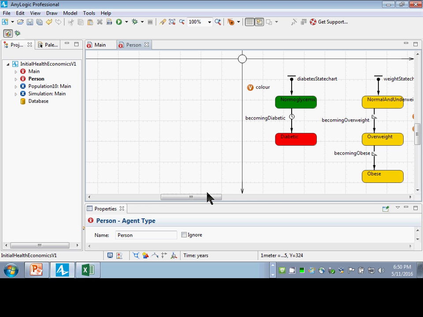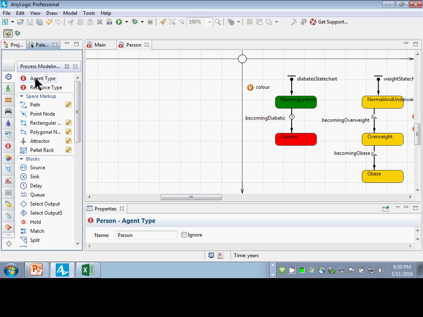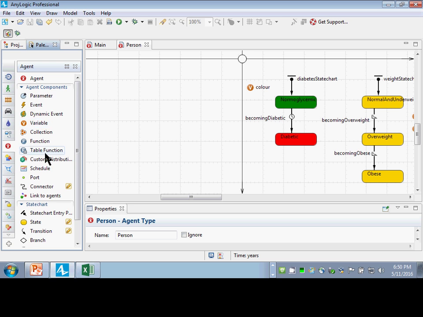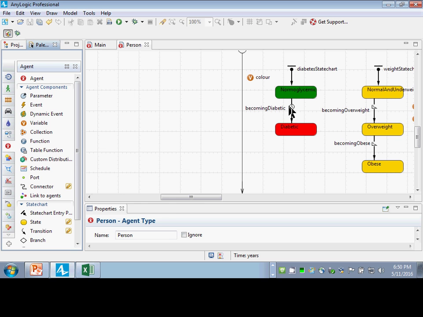Okay. So I would like to drag in something that Jeff, did you say something? No? Okay. Yes. Just your transition there between diabetic is a timeout. Oh gosh, no! It should be a rate transition.